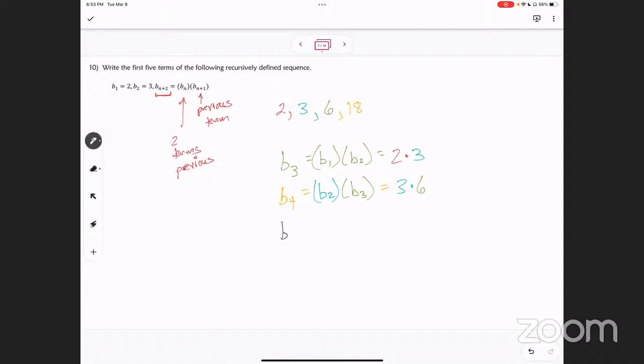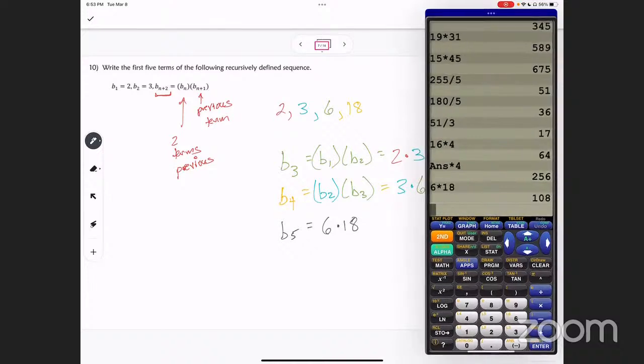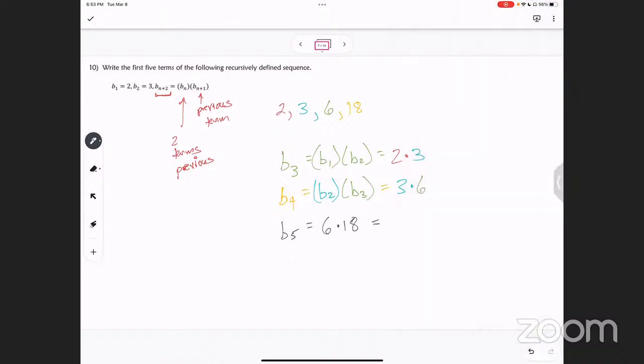B sub 5 equals B sub 3 times B sub 4. Good. And I can just do that now, right? I don't have to color code them. 6 times 18, just to make sure we're doing this right. 108.